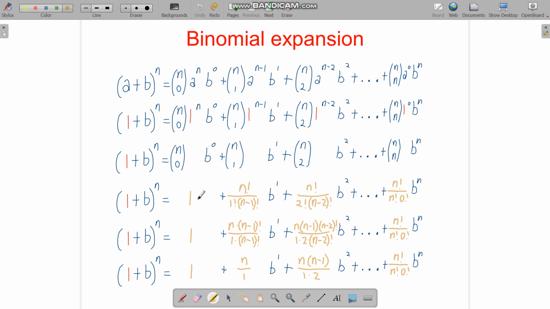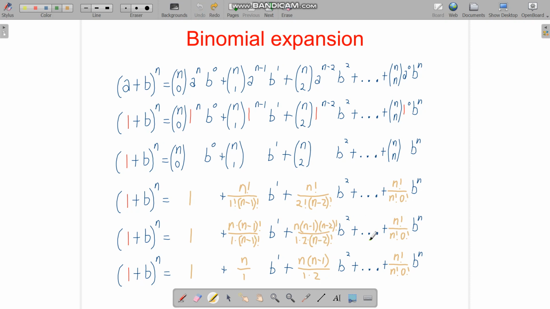And from the combinations definition, nC1 is the same as n factorial over 1 factorial times (n minus 1) factorial, and nC2 is n factorial over 2 factorial times (n minus 2) factorial, and so on. If we simplify, n factorial is the same as n times (n minus 1) factorial, so we can cancel out the (n minus 1) factorials here, and so on.